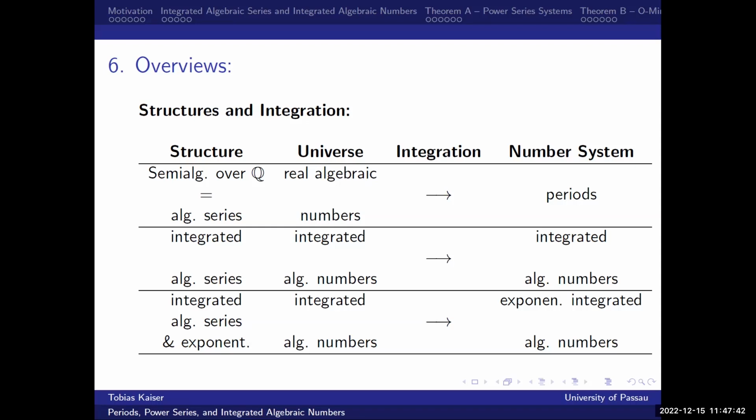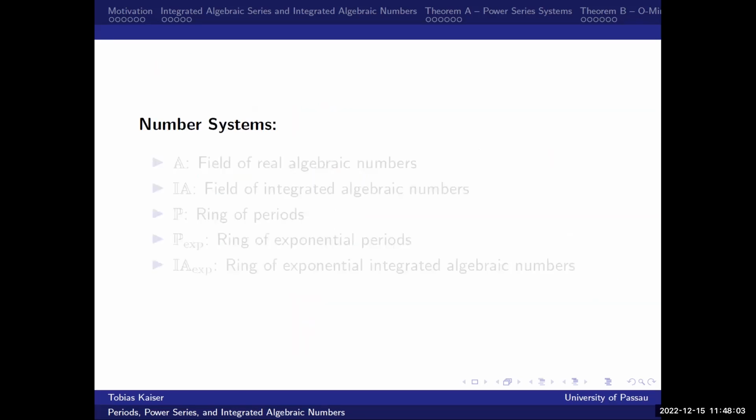Now, my third structure: integrated algebraic series plus global exponential. Structure again on this countable field of integrated algebraic numbers. If I take integrals, by definition, I get what I call exponential integrated algebraic numbers. And now about number systems, to show you the final picture.